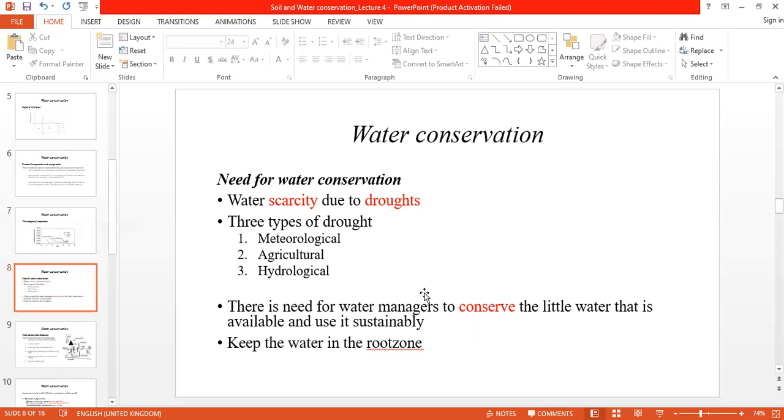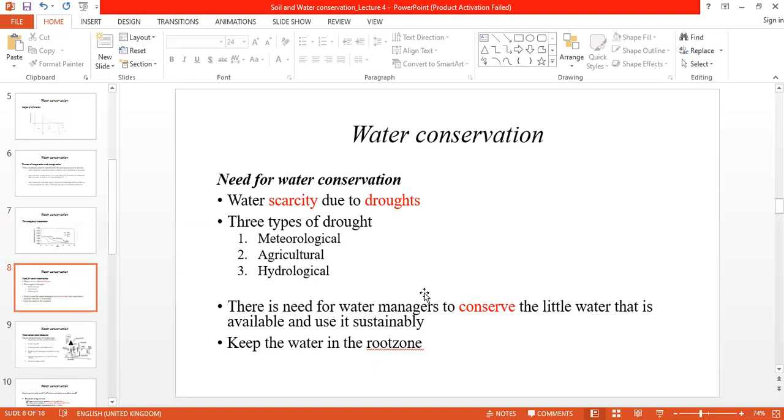We have a limited amount of water on the earth, or at farm level, for example. Because of droughts, the water that you have is less, so you have to utilize every bit of it without wastage.